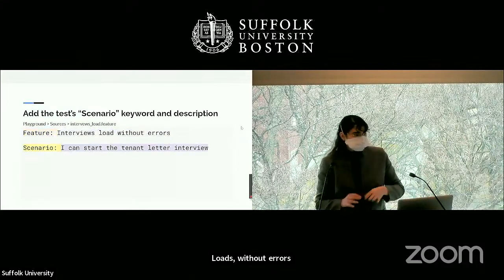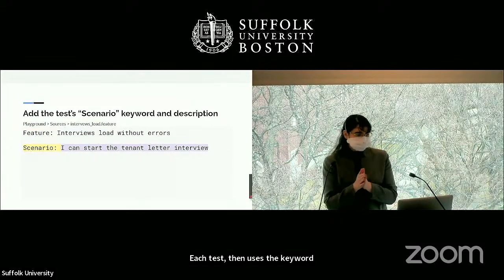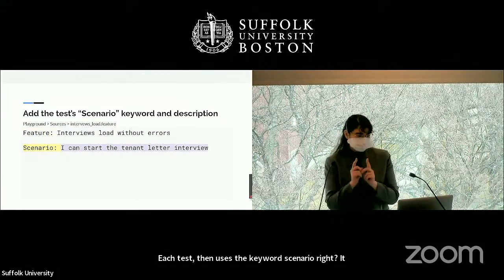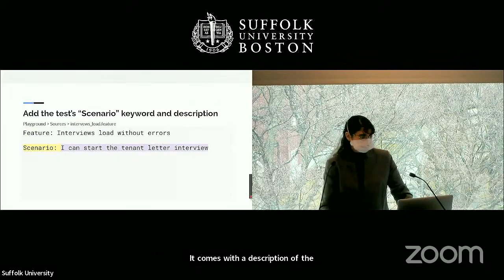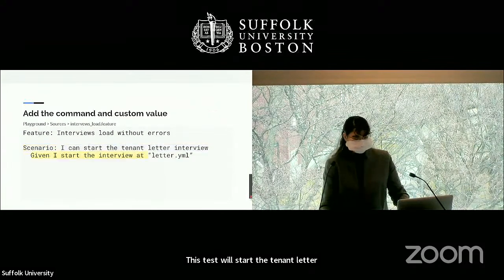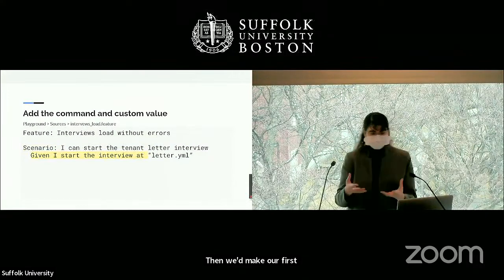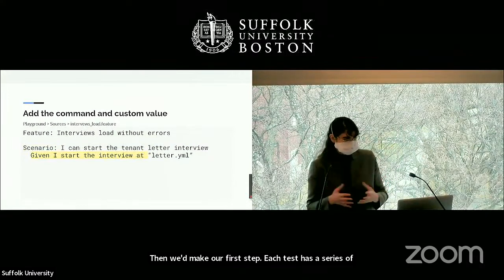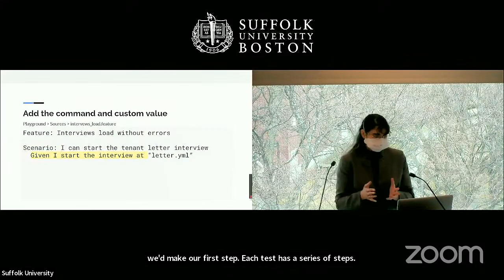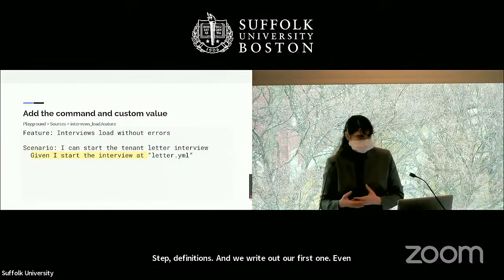Each test then uses the keyword scenario, right? It comes with a description of the purpose of that one test. This test will start the tenant letter. Then we make our first step. Each test has a series of steps, step definitions, and we write out our first one. Given I start the interview at "letter.yaml".